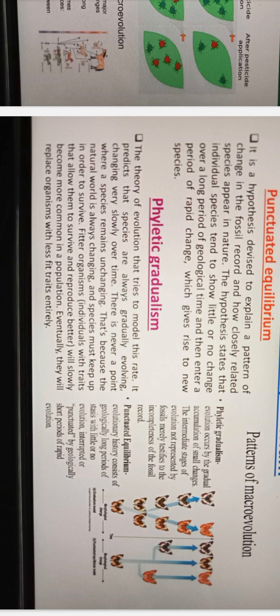Then phyletic gradualism. This model of evolution predicts that species are always gradually evolving, changing very slowly over time, and there is never a point where a species remains unchanging.